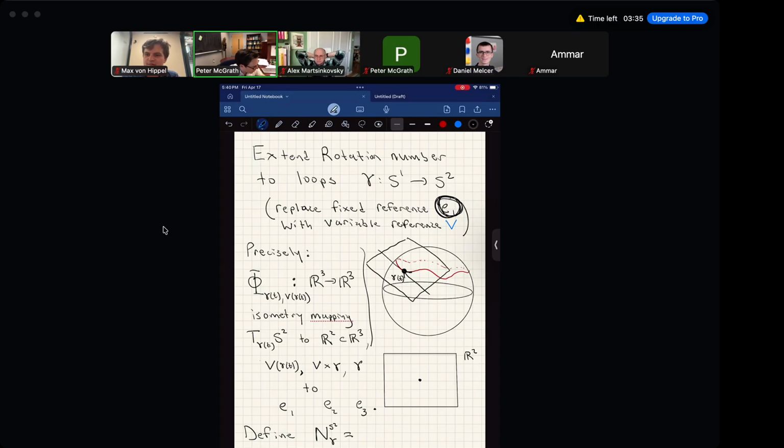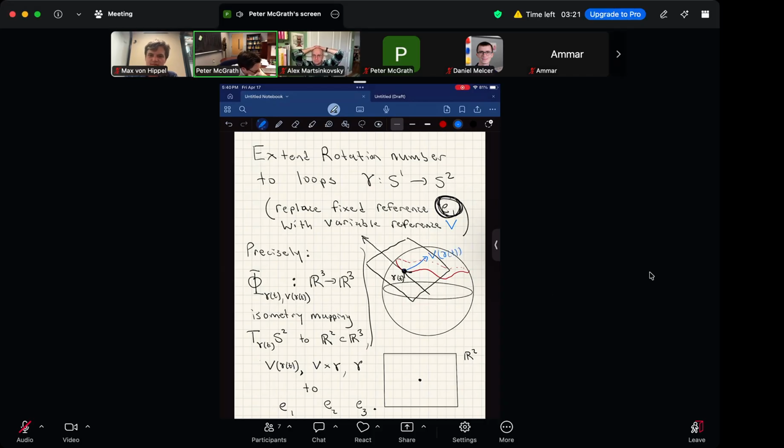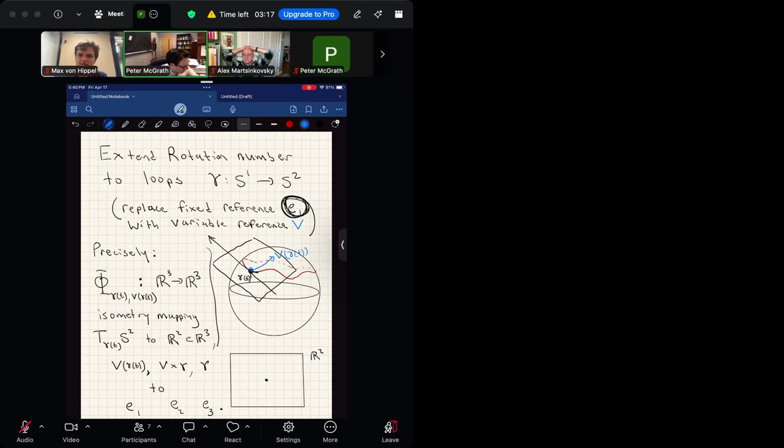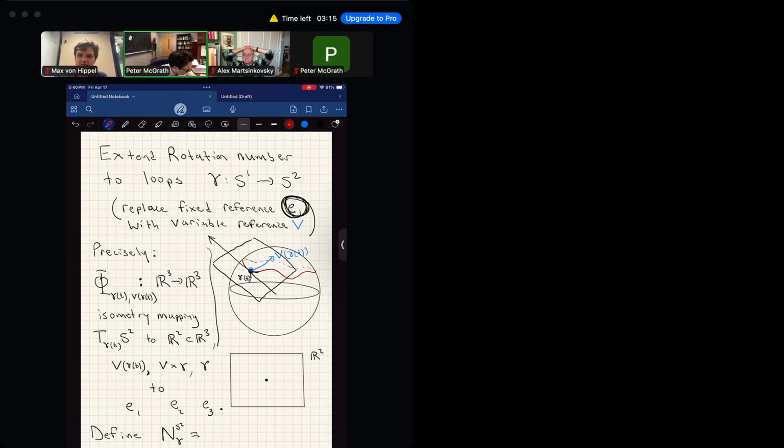So if I want to just imagine that this gamma of t is like the E3 axis, somewhere is the vector v at gamma of t at that point. It's in this tangent plane. And I want to think of that as like the E1 axis.